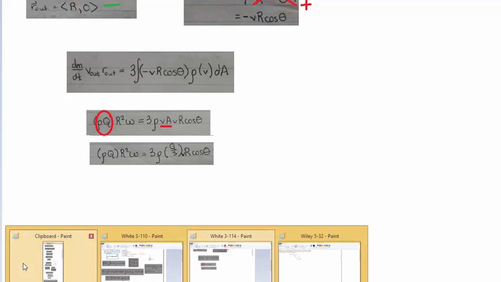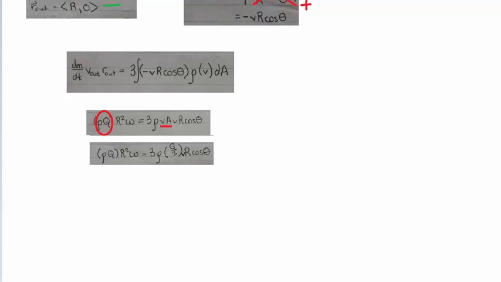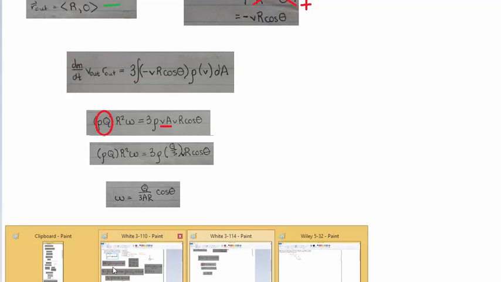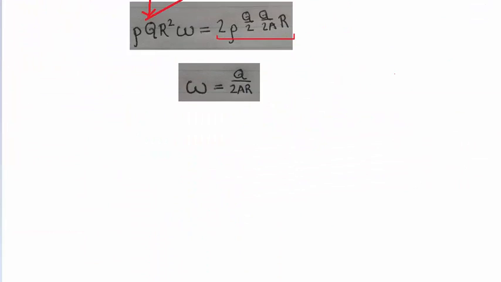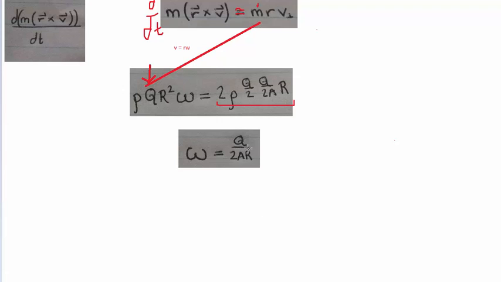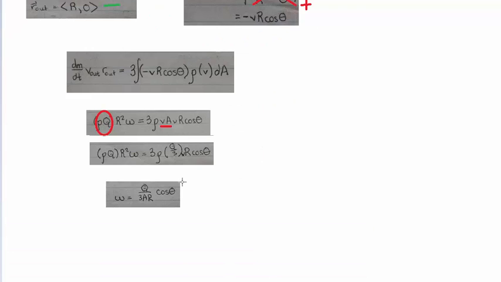And the last thing we do is a bunch of cancellations, and that's just going to get us this. And remember, this V goes to Q over 3A, because these 3's cancel out. Look at how similar this expression is to this expression over here. If you have 2 outlets, your final expression for the angular velocity is going to be Q over 2AR. If you have 3 outlets, it's going to be Q over 3AR.